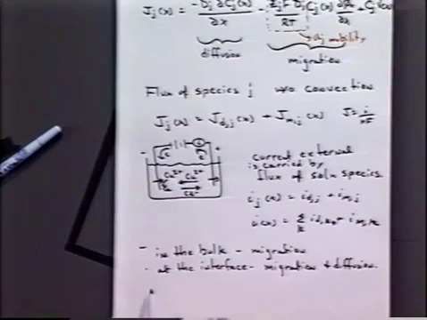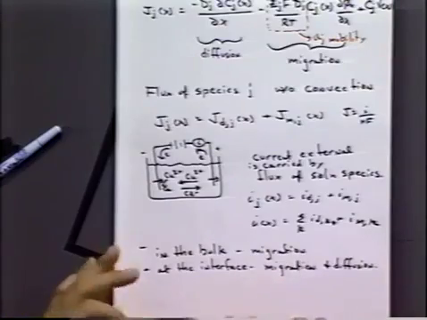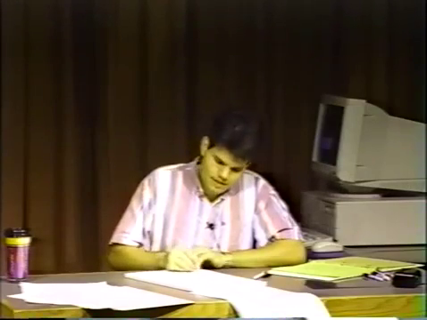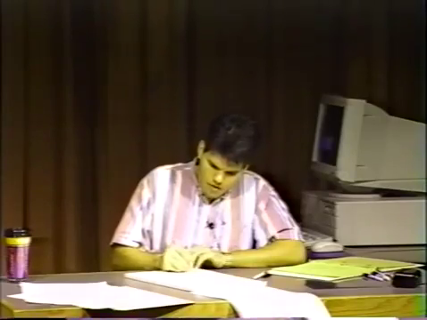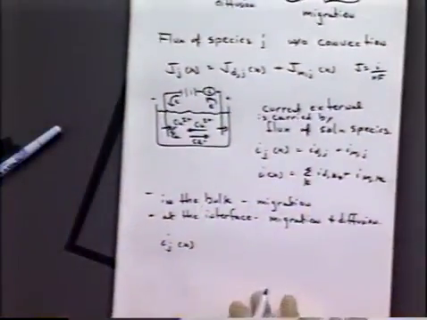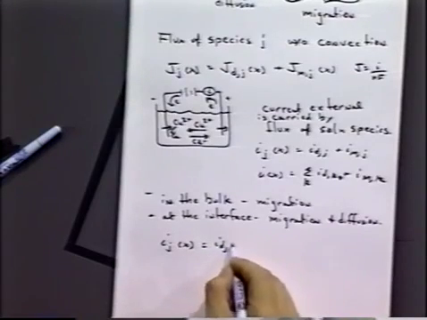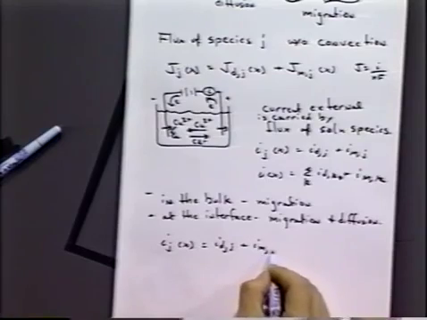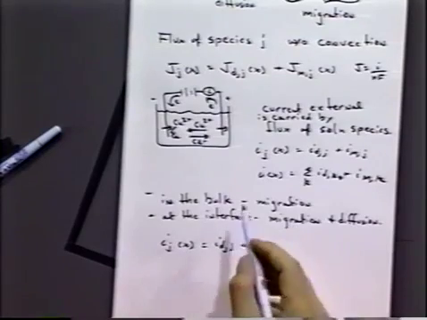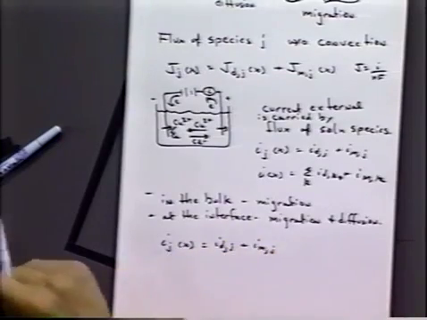All right. Now, migration will always be carrying the current in the bulk. What we can do, though, for our experiments is to try to minimize the effect of migration of species j. So, although the total amount of current carried by species j in the x direction is always going to be the diffusional term plus the migration term, we can actually make the total amount of current being carried by species j small.